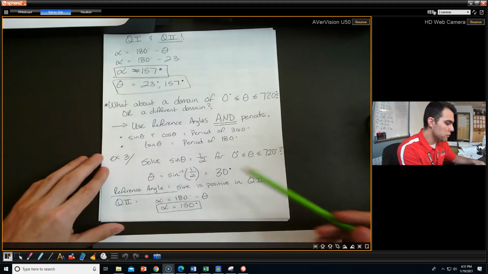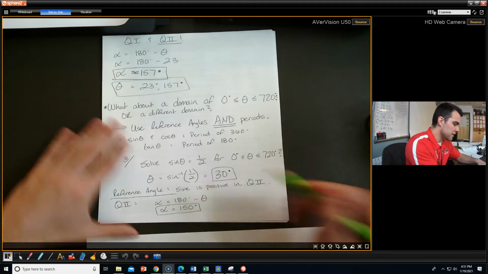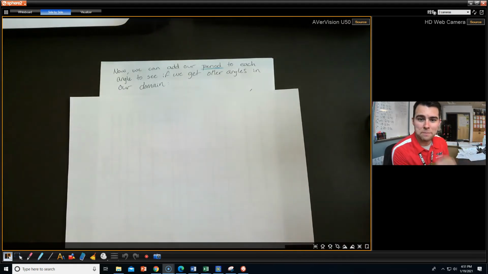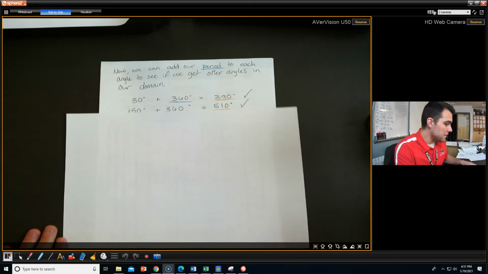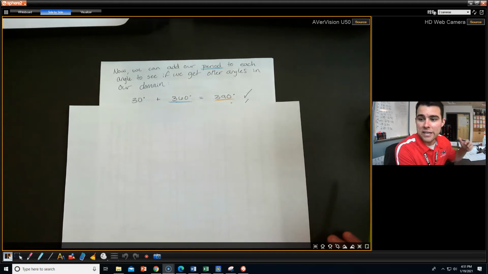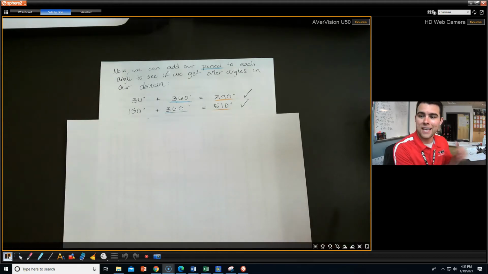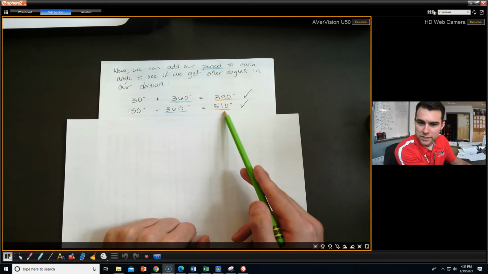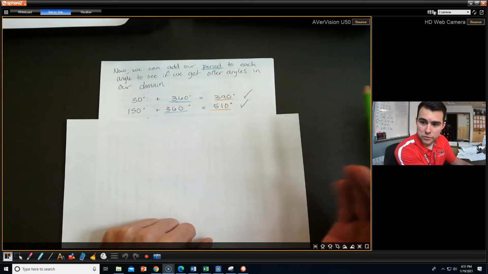So I'm going to take both of these, the 30 degrees and the 150 degrees. And now I'm going to add my period to each angle to see if we can get other angles in our domain. The first one I already did, and I showed you on the unit circle. Now I could take the 150 degree measurement, add 360 to that, adding my period, and I will get these new angle measurements. Are they between 0 and 720 degrees?